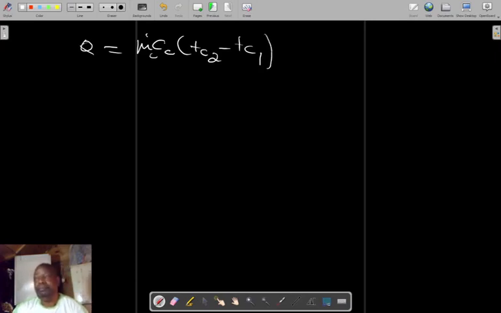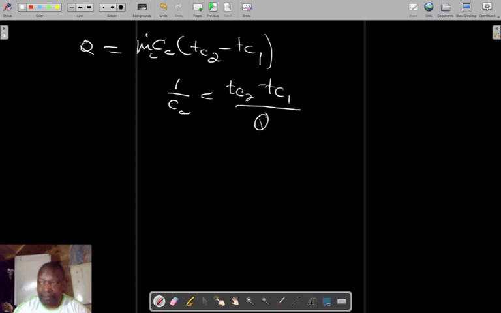Okay, and such that 1 over Cc is equal to (Tc2 minus Tc1) divided by Q.